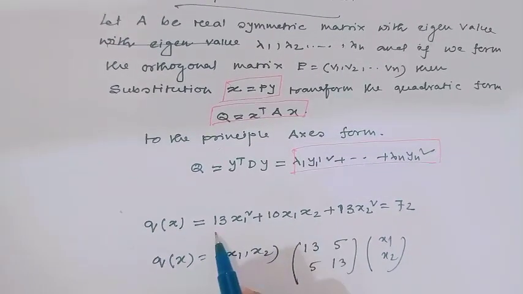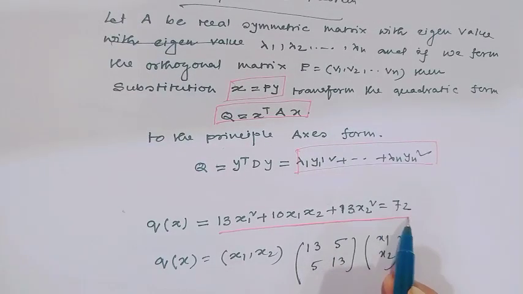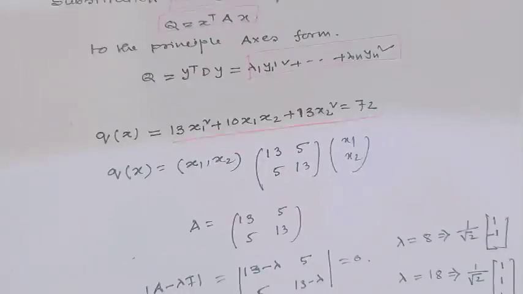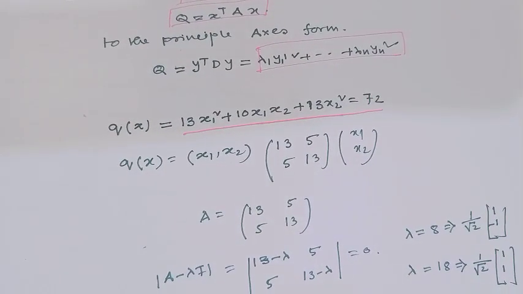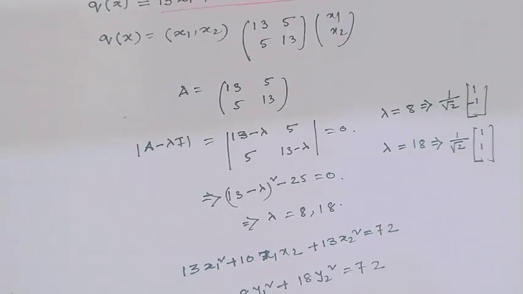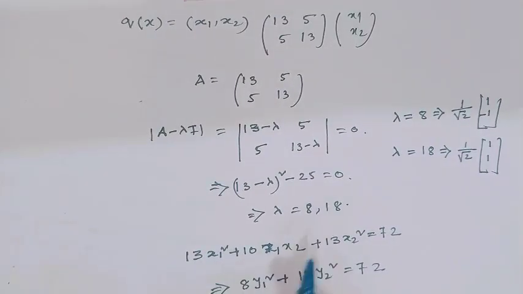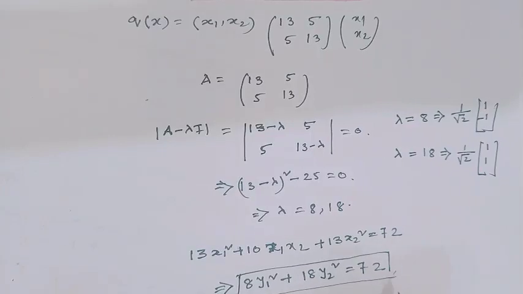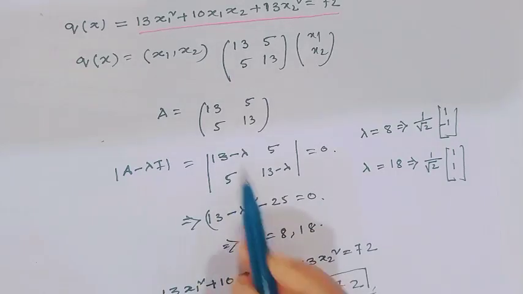Consider Q(x) equal to 13 x1 square plus 10 x1 x2 plus 13 x2 square equal to 72. Obviously, this quadratic form looks like this type, where A is a symmetric matrix. Then, by the principal axis theorem, we can say this reduces to a new quadratic form, 8 y1 square plus 18 y2 square equal to 72, where 8 and 18 are the eigenvalues of this matrix.